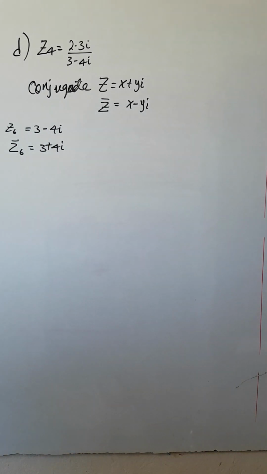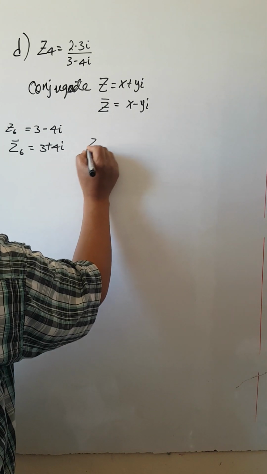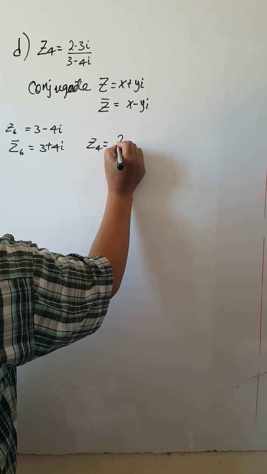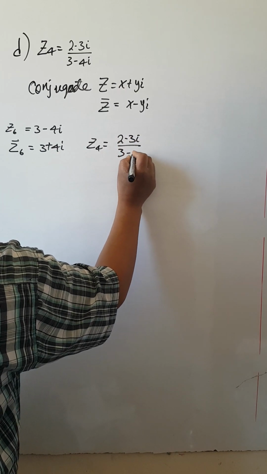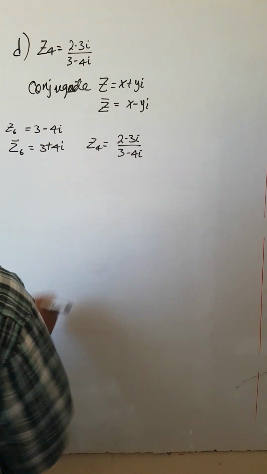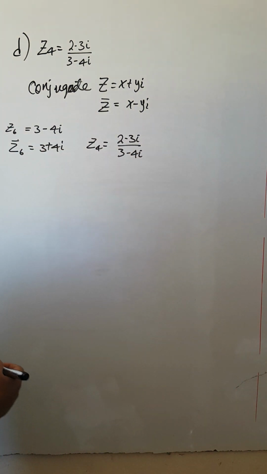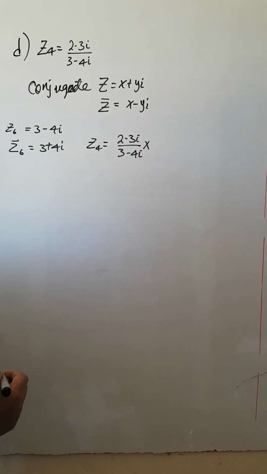So to rationalize 2 minus 3i over 3 minus 4i, we simply use the conjugate of the denominator.